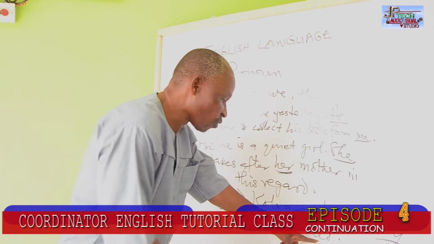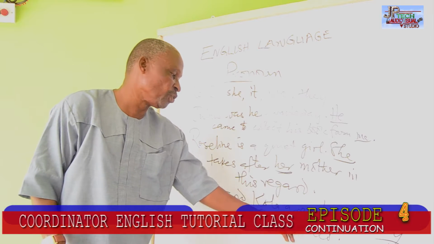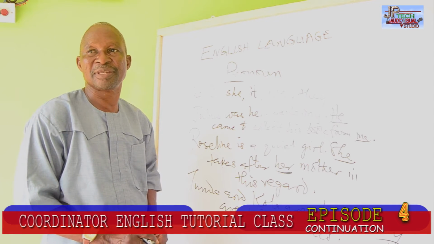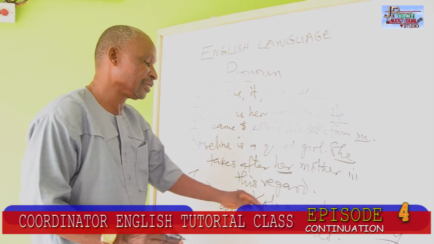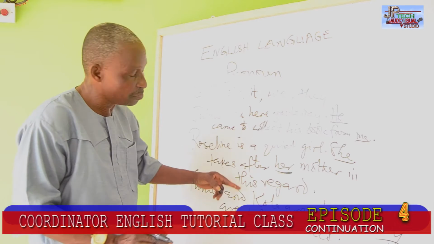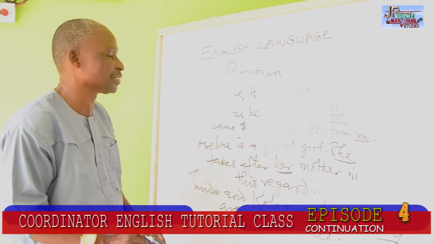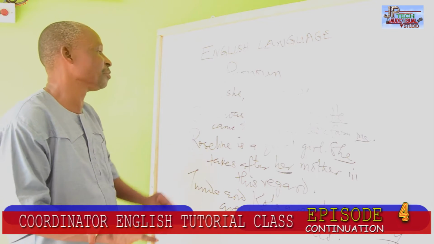And in fact, ones is a pronoun. That is, it is not direct. It does not indicate; it could be used for both male and female. One. When we get there, you understand better, or you will read more about that in the book.